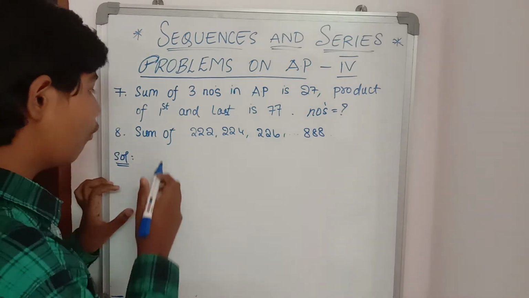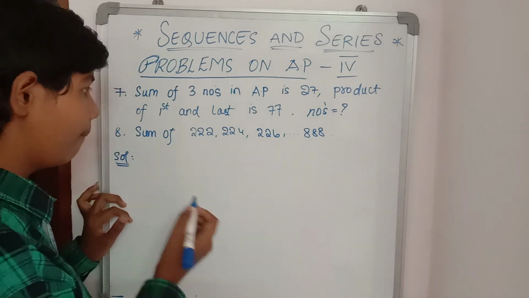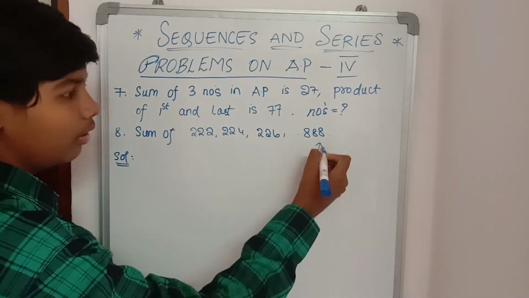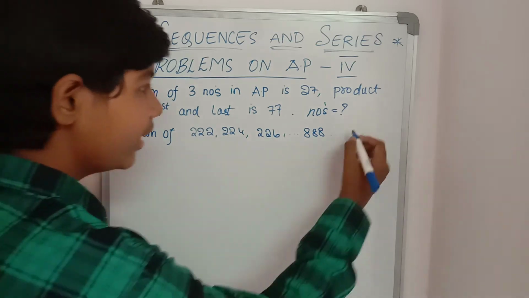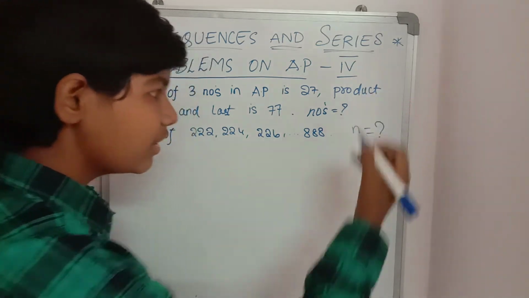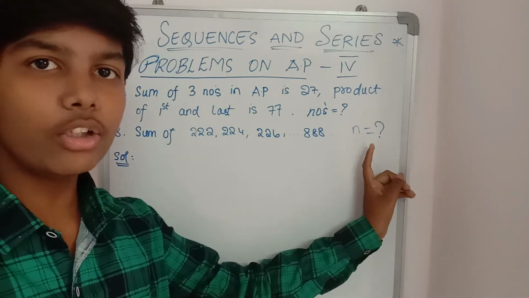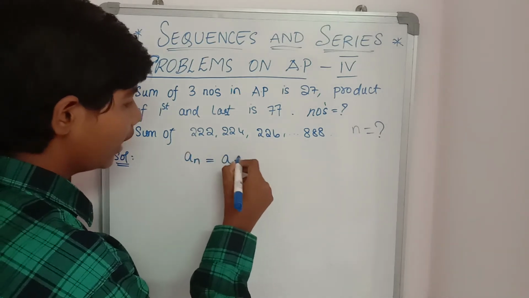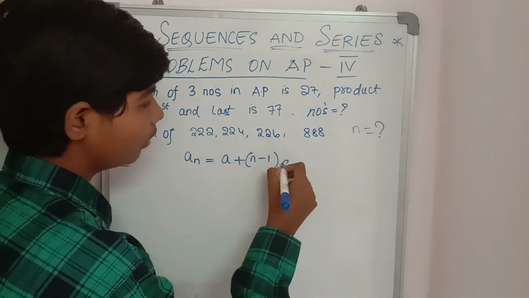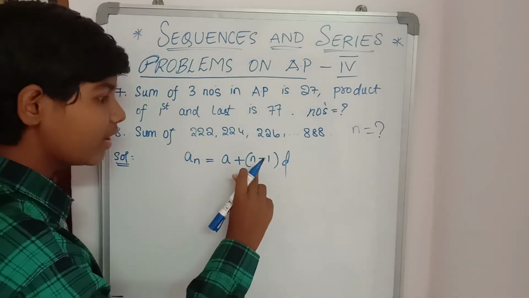There is a formula for the sum to n terms, but here the number of terms, n, is not given. So first, to find the n value, we use the formula: the nth term is equal to A plus n minus 1 into D. If we solve this, we get the n value.